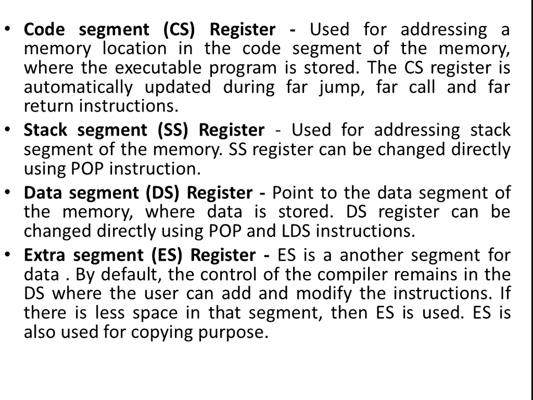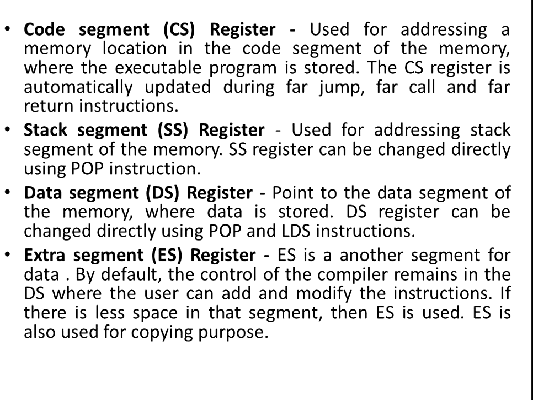And next is the extra segment register. This extra segment register is also a 16-bit register that contains the address of a 64 kilobyte segment, usually with the program data. By default the control remains in the DS, that is the data segment, where the user can add and modify the data.